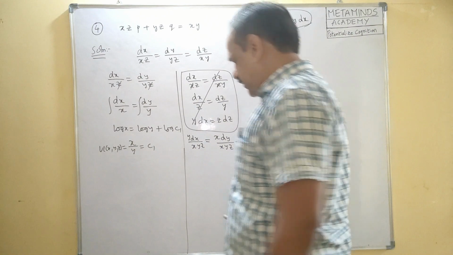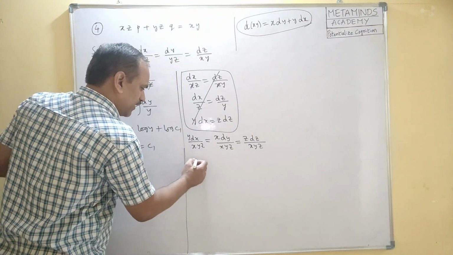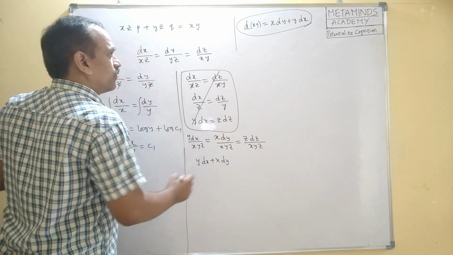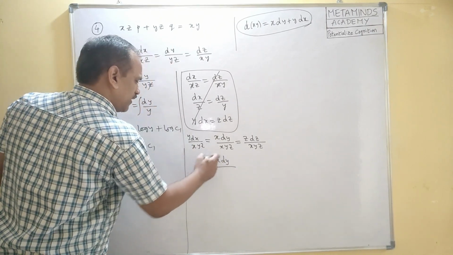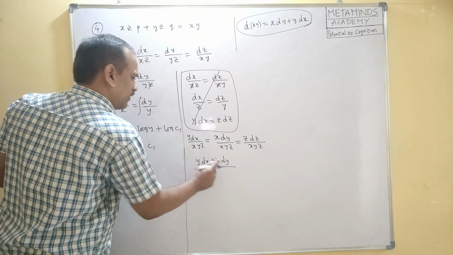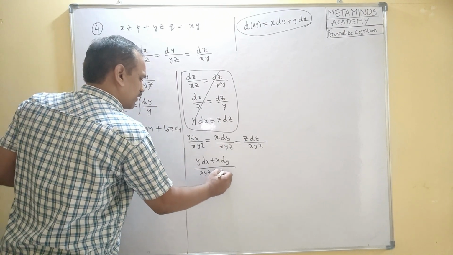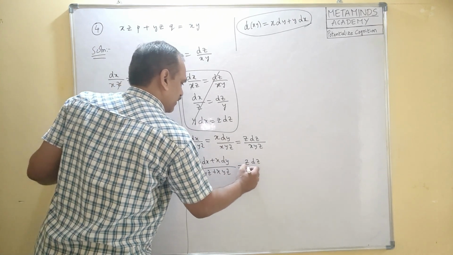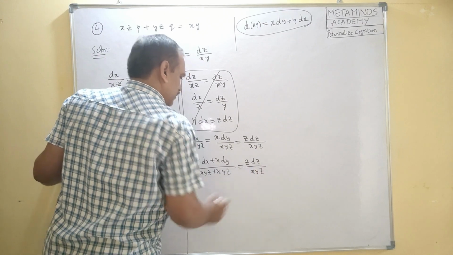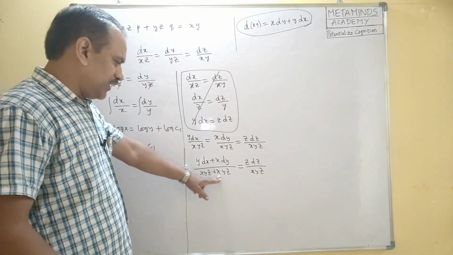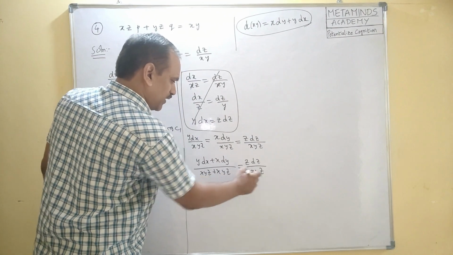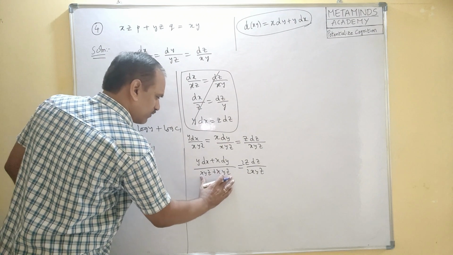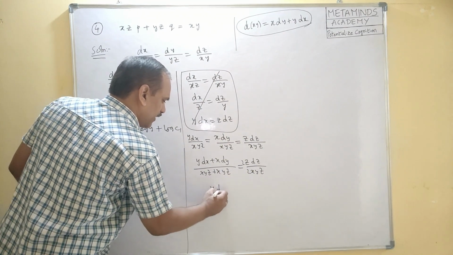So you add these two numerators. What you will get? y dx plus x dy by xyz plus, you have to add the denominators also, xyz equal to z dz by xyz. So here this is 2xyz. Here also you have xyz. You multiply numerator and denominator by 2, it gets cancelled.